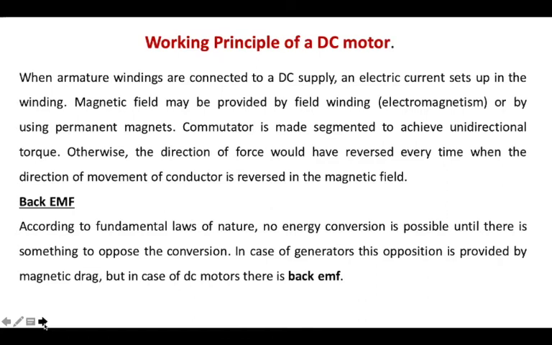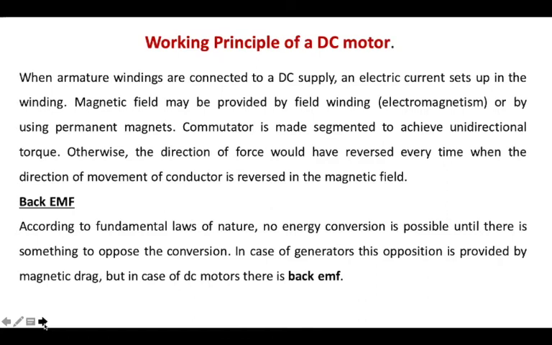As the commutator rotates and the brush is fixed at its position, the brush being attached to the end covers, the coil which is connected to the brush has the same direction of current, and the coil placed in that position will have the same direction of force. So using the commutator, we get unidirectional torque, else the direction of the force would reverse every time the direction of movement of the conductor was reversed in the magnetic field.